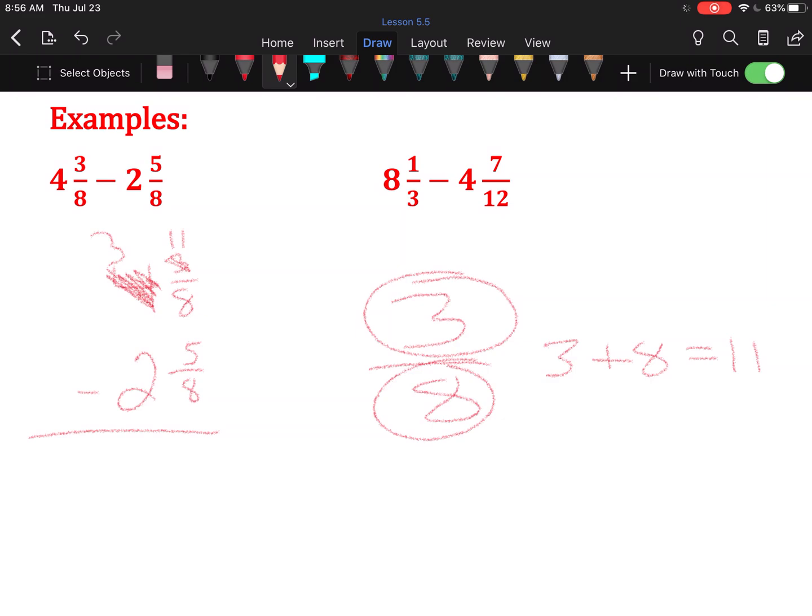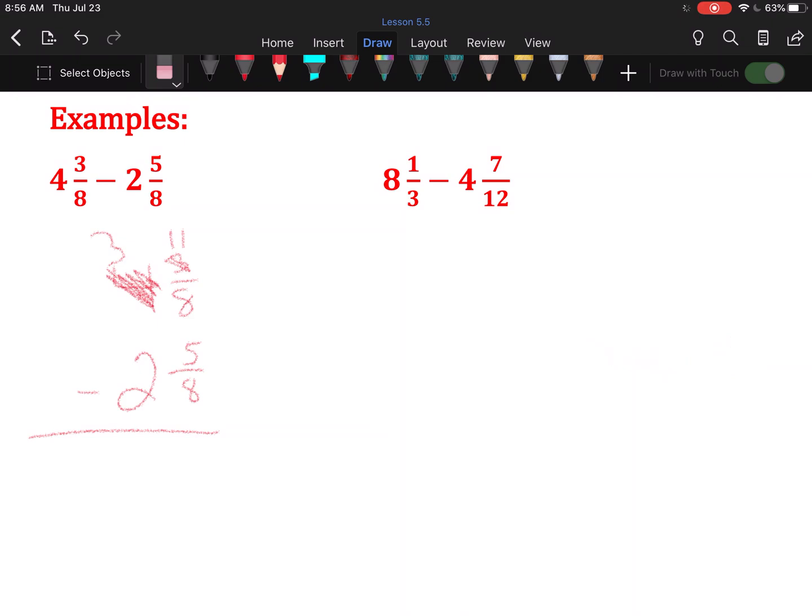When you borrow in a subtraction problem with a mixed number, take 1 off of the whole number. To get the new numerator of your fraction, all you're going to do is add the two parts of the fraction. You're just simply going to say, okay, instead of it becoming 13, it's going to become 3 plus 8 is 11.